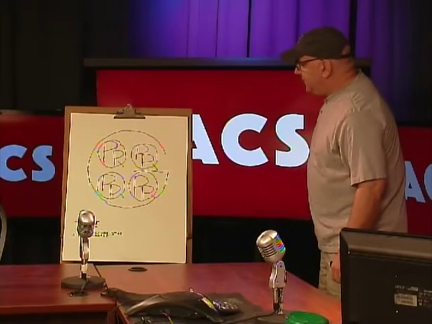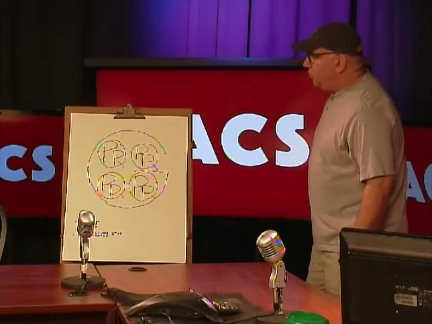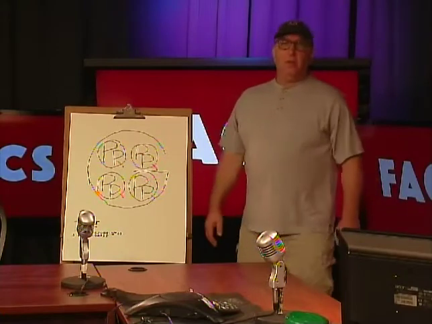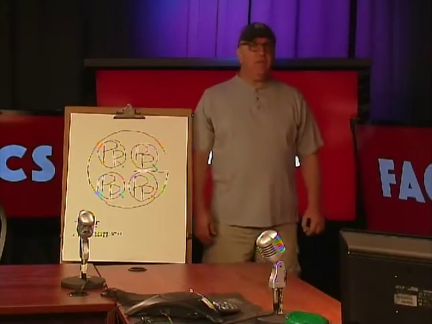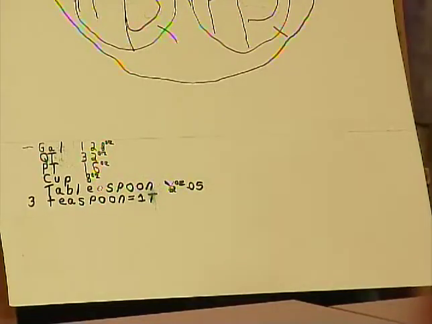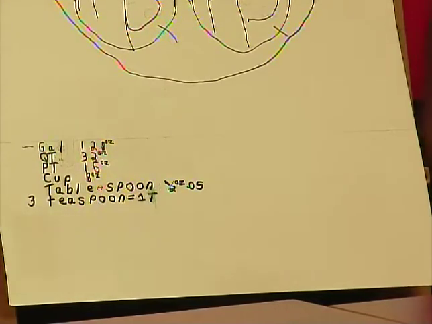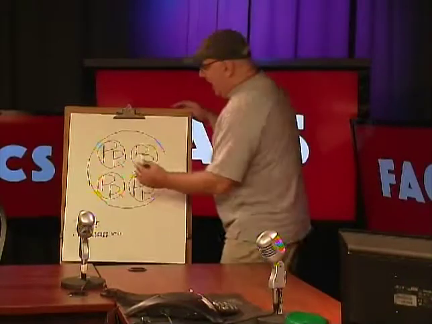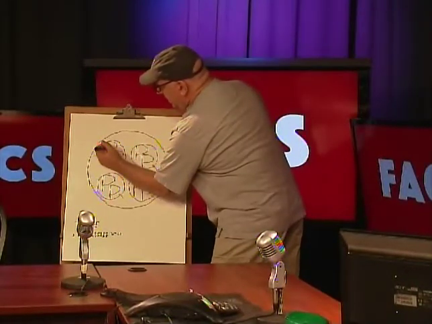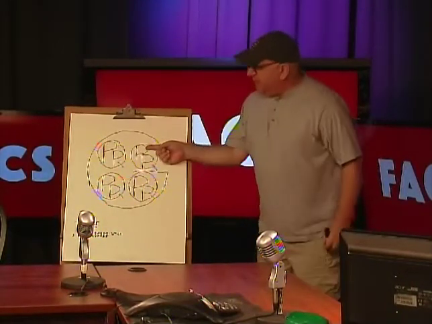All right. So, now, my darling students, my fabulous friends, how many ounces are in a cup? 8. And how many cups would be in a pint then?